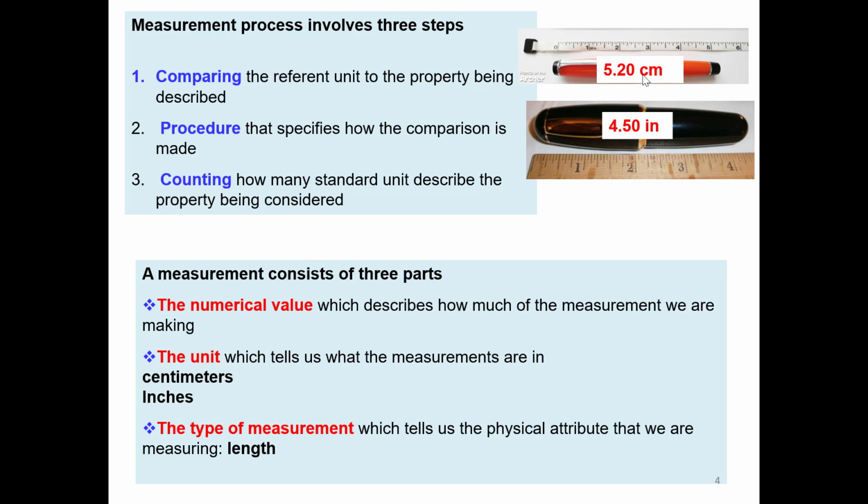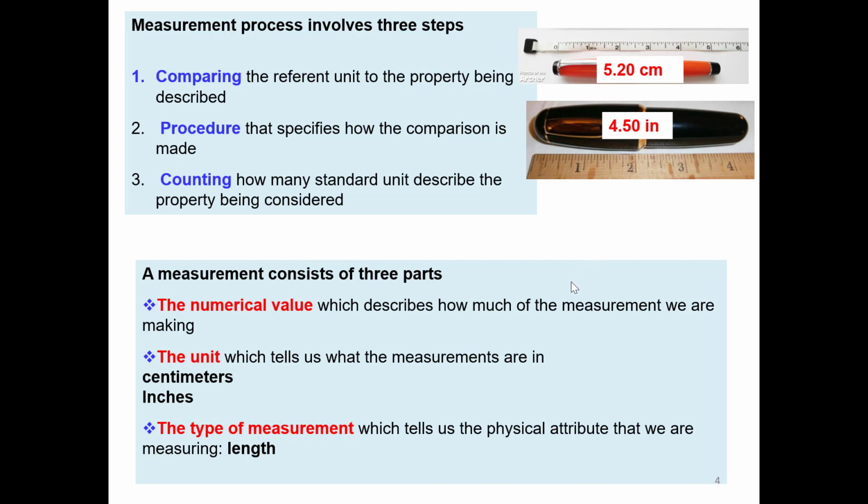Then we want to count how many units are in this length. 1, 2, 3, 4, 5, and then we can say it is about 5.20 centimeters. We can use this unit, but we can also use inches to describe the length using different units.